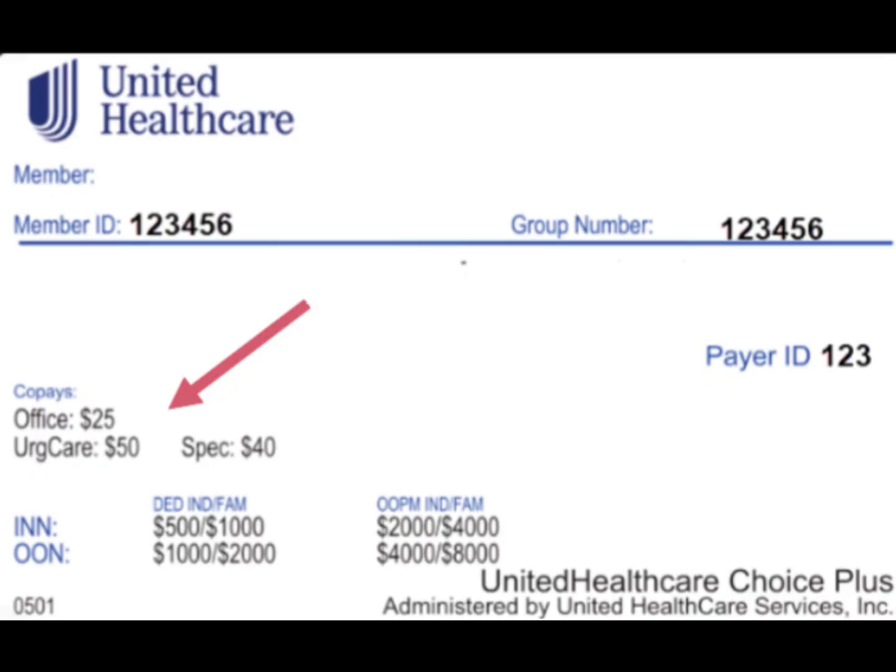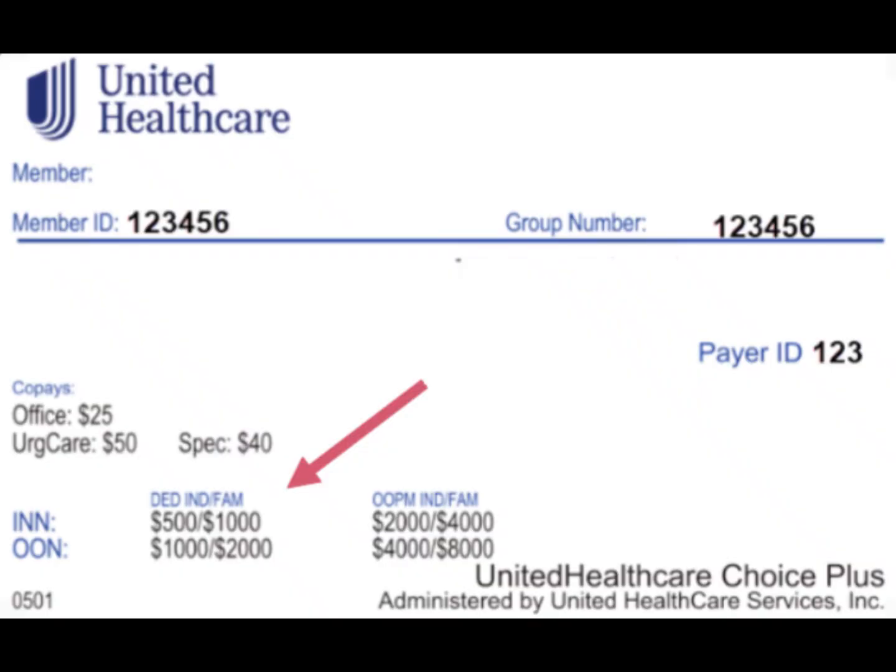So if that provider refers me to, let's say, an orthopedist because I really hurt my hand, then that will be a specialist. And that specialist may turn around and say, okay, when you come in before I even see you, I need $40. So that is the amount of money that you need to pay up front. So that's what a copay means.